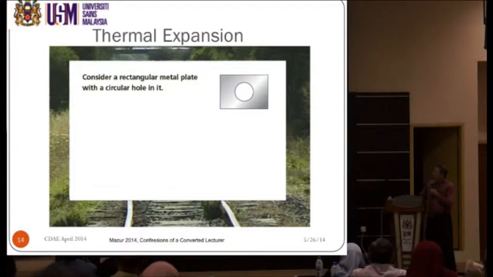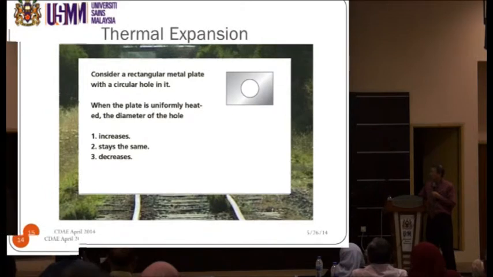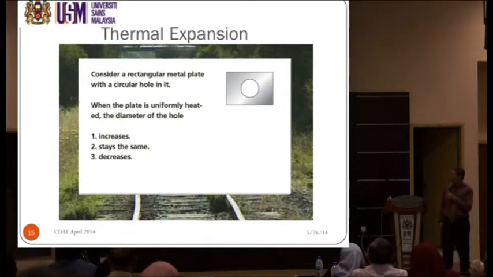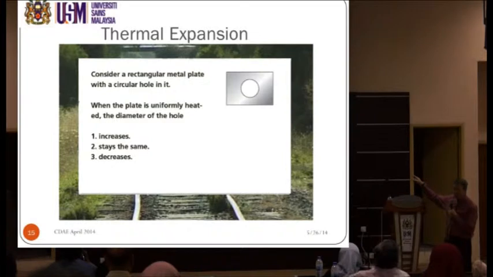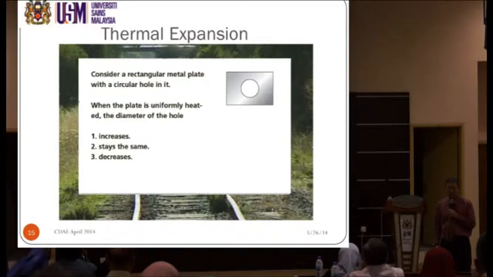What happens when you take a rectangular plate with a circular hole in it that is uniformly heated? Question is very simple. The diameter of the hole, will it increase, stay the same, or decrease? Done. Okay, those of you who are done, write it down now and I'll collect the data now.